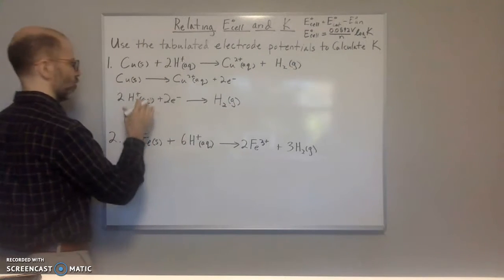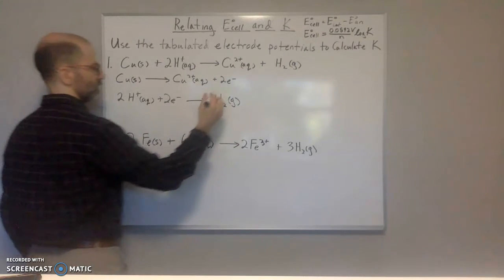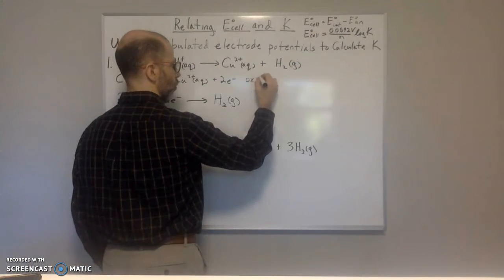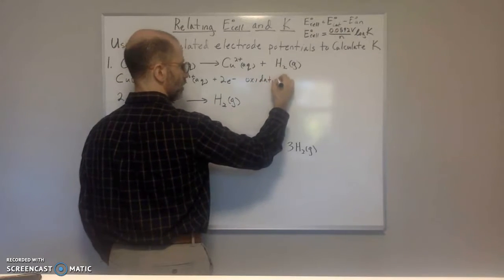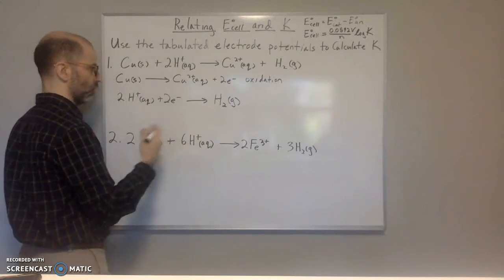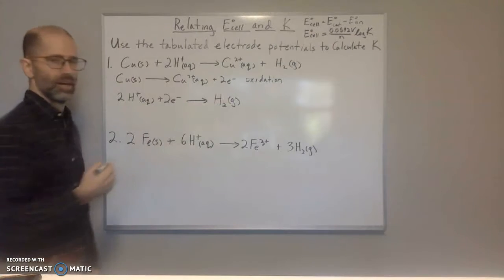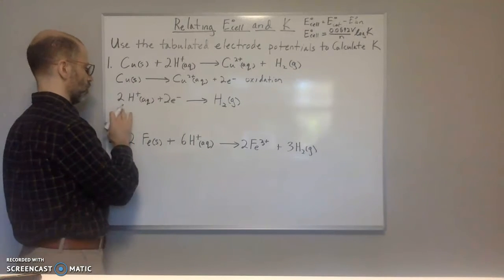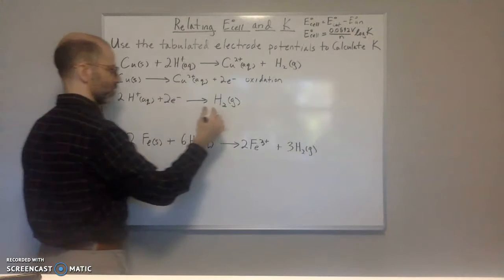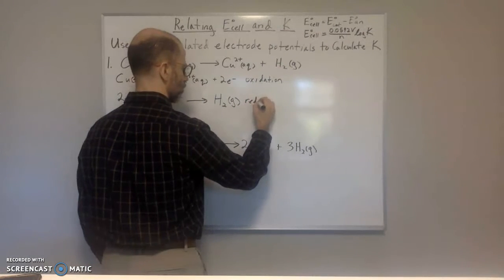Okay, so here we have loss of electrons. This is oxidation. OIL RIG. Oxidation is loss of electrons, and reduction is gain of electrons. So we're gaining electrons, so that's reduction. This is reduction.